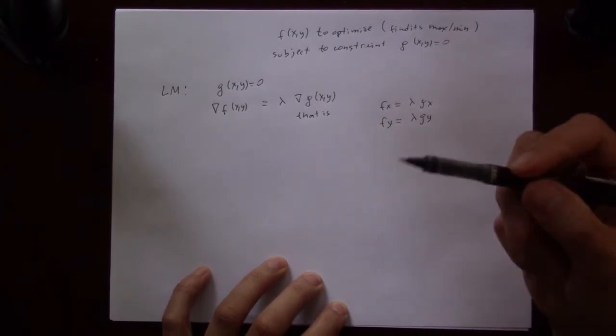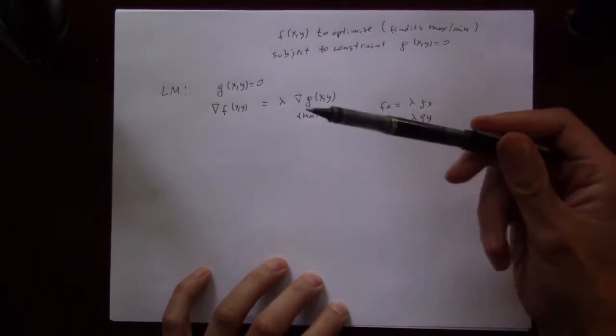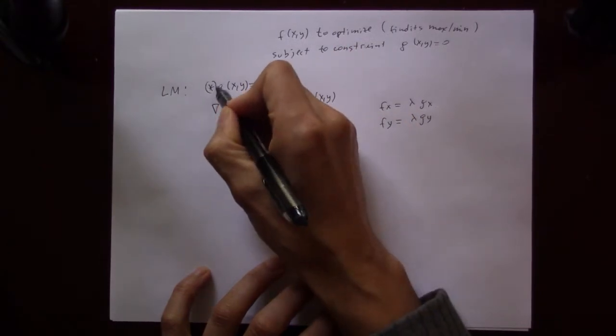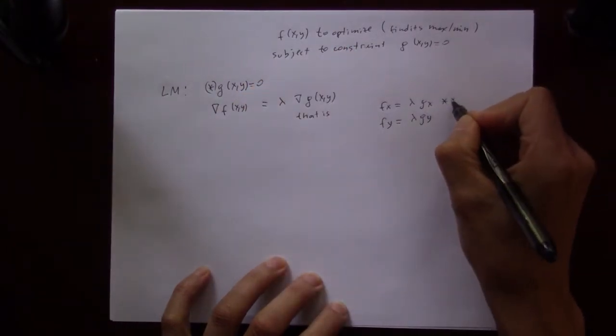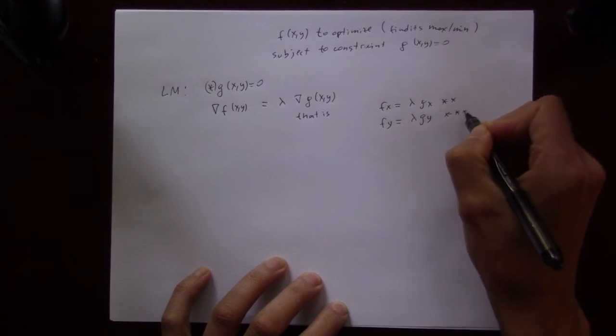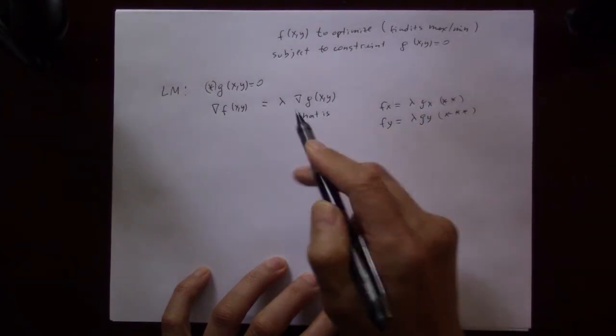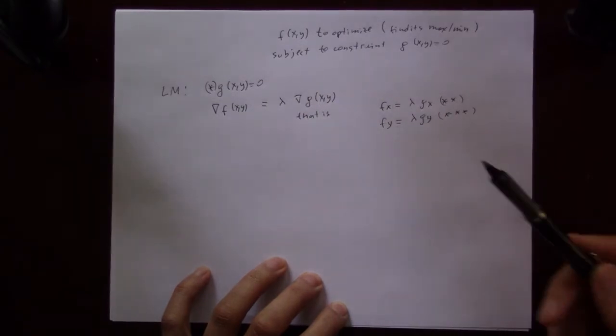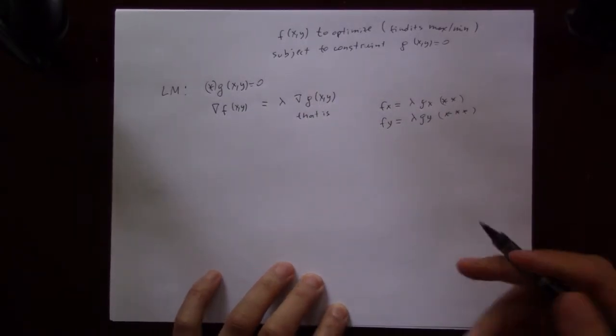So we're going to have three equations and three unknown variables, x, y, and lambda, to find, and hopefully we'll be able to do that.